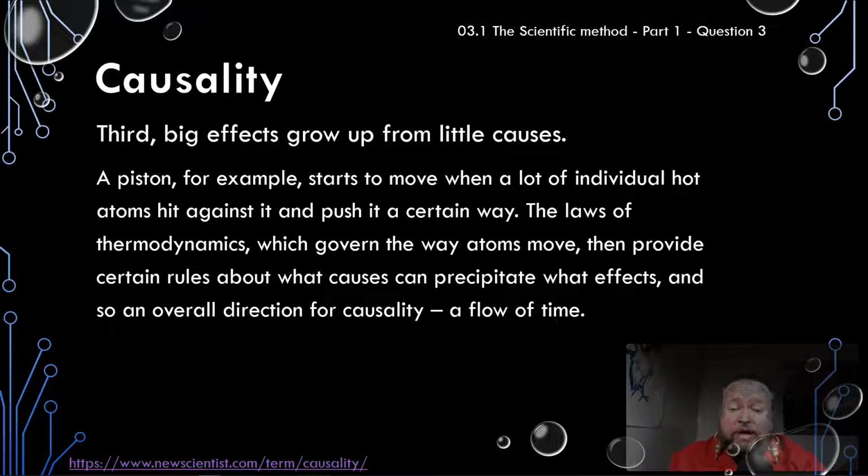All those atoms from the ignition, that energy and force, shove and move the piston. The laws of thermodynamics, which govern the way atoms move, provide certain rules about what causes can precipitate what effects, and so an overall direction for causality, a flow of time. So: the explosion, atoms hitting the piston, the piston going down, energy being transferred.